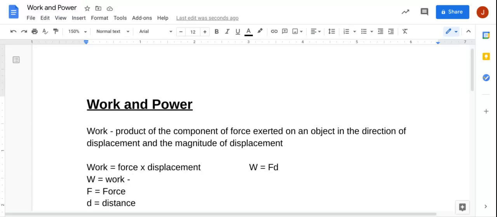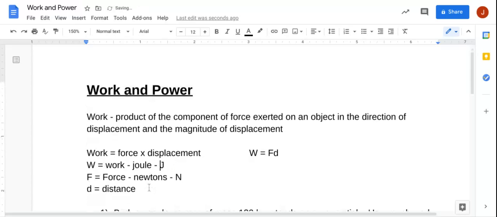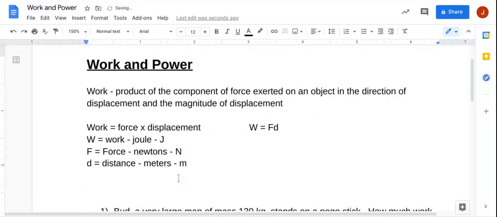The unit for work is the joule, which is J. Force, you should know, is newtons, which we have as a capital N. And then distance is in meters, which is little m.